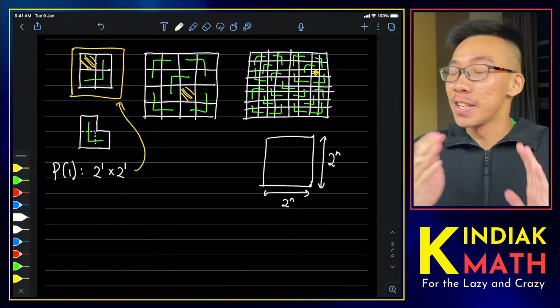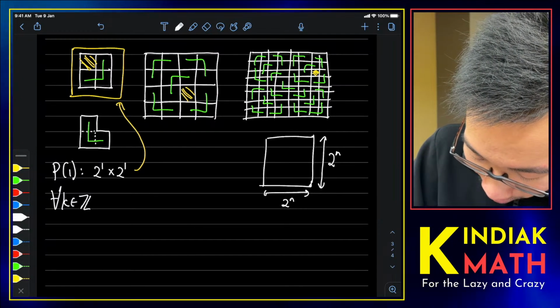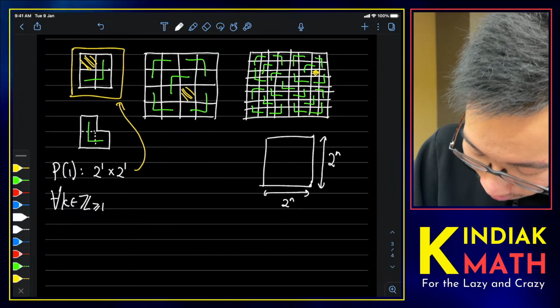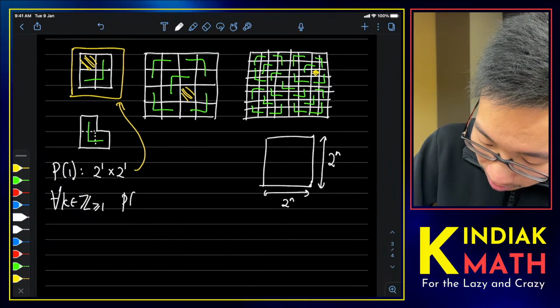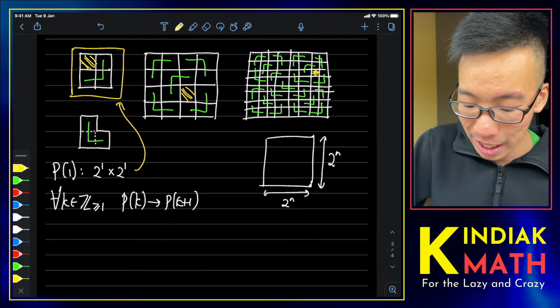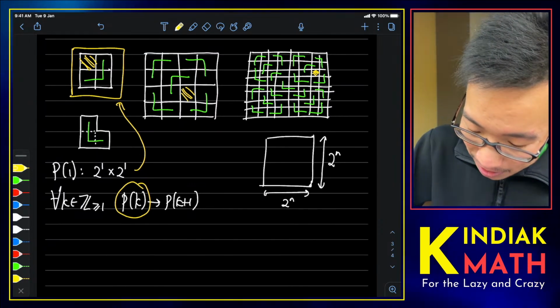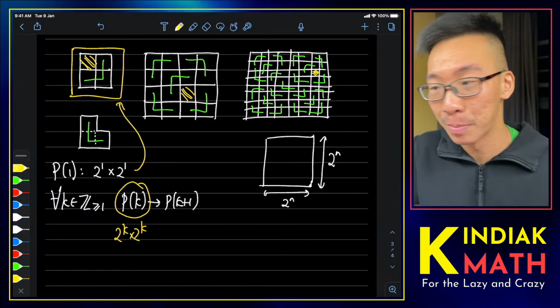Now we need to establish the induction step, which is to say that for any k in the positive integers, P(k) implies P(k+1). What does P(k) mean in this context? It means that the 2^k by 2^k board is tileable.